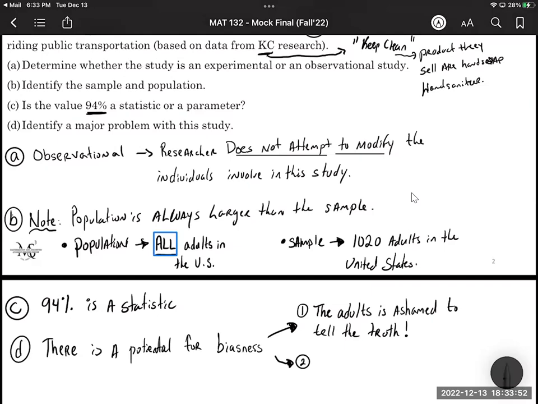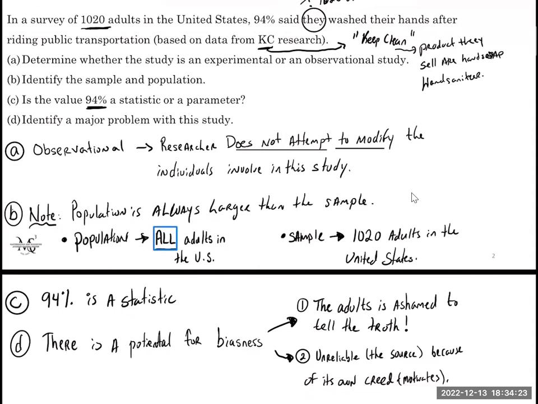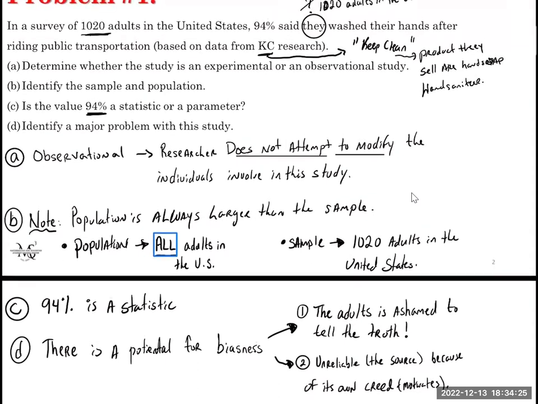Okay, so it's unreliable, namely the source, because of its own creed. Its own creed, right? Their own motives. Their motive is to, like Fanny pointed out, to promote their products, right?